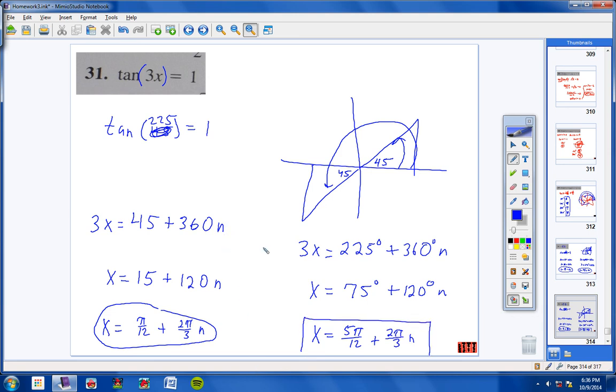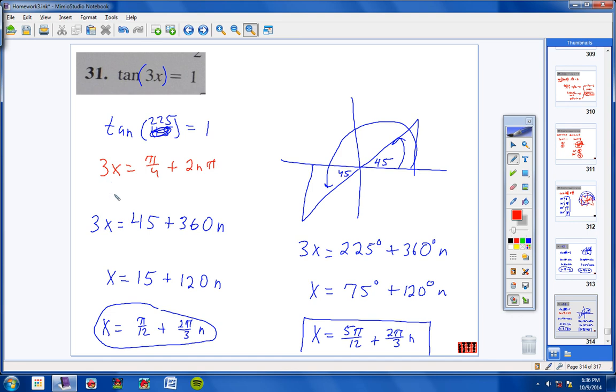Now, if some of you, by the way, students, are not putting 45 degrees here, some of you might be doing this. Some of you might be saying 3x equals, and then for 45 degrees, you're putting pi over 4 plus 2 pi n, and then dividing by 3. That's totally fine.